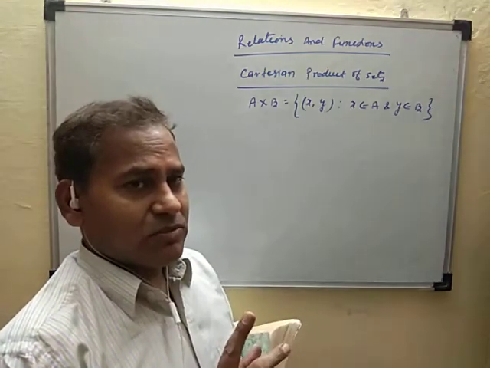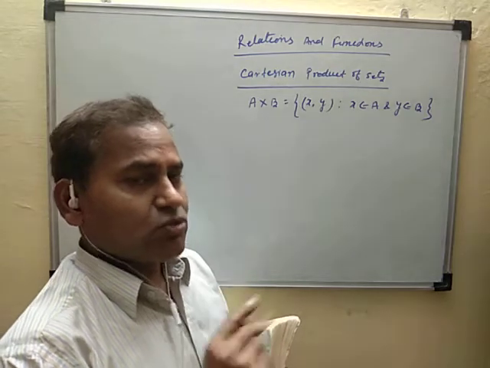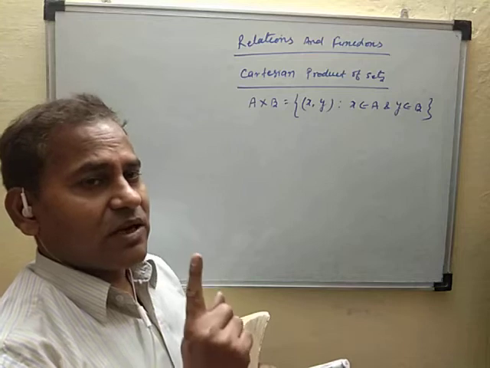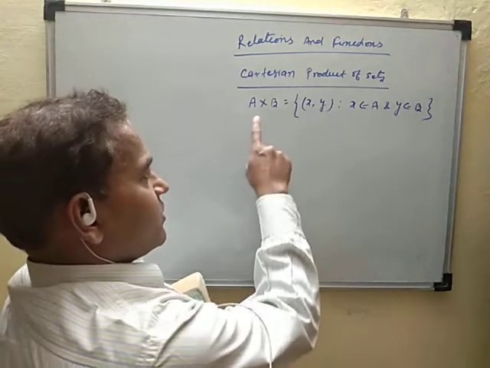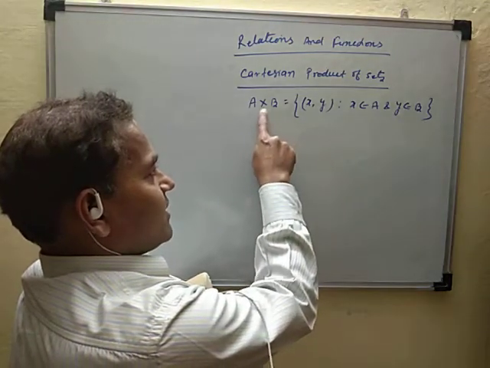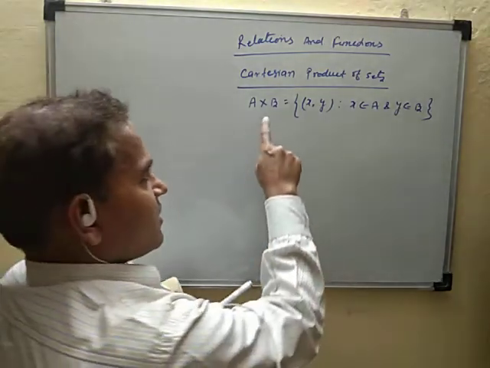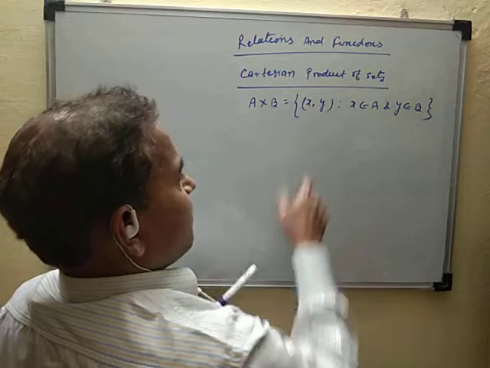So the Cartesian product is defined for two sets. A and B are two sets, then its Cartesian product is denoted by this symbol and read as A cross B, which is defined as A cross B is equal to (x, y).